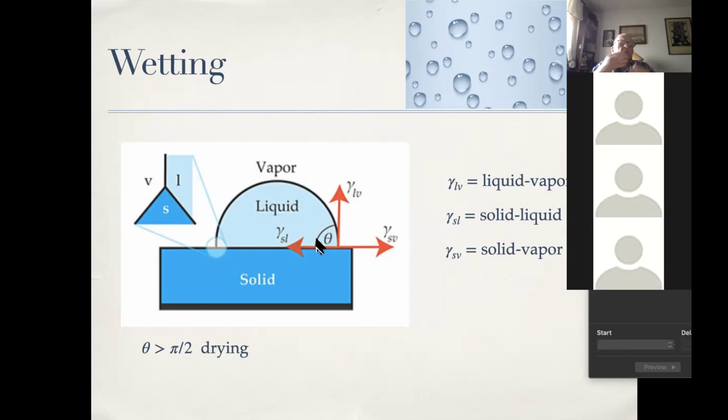That is also increased by the fact that the clothes are moving in the interface, so it is easier to shake the dirt from it. So that is the drying phenomenon.